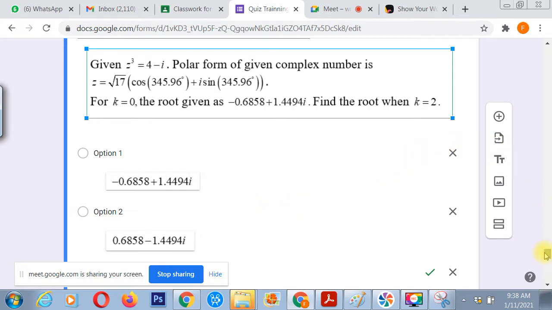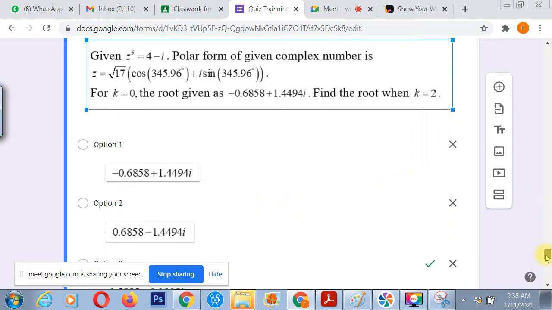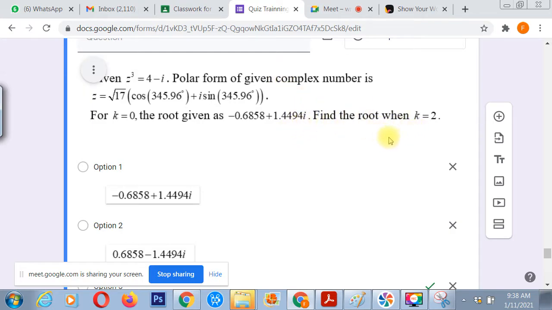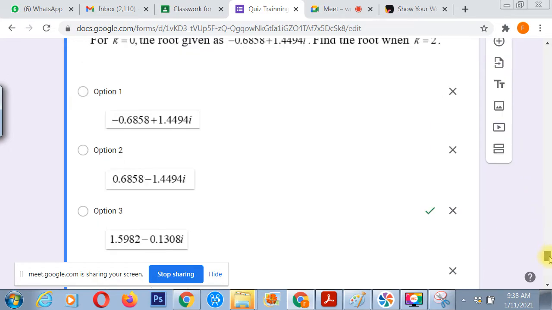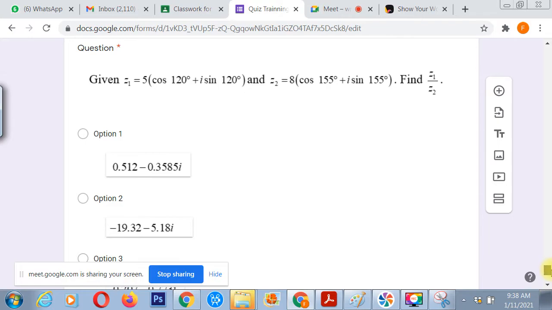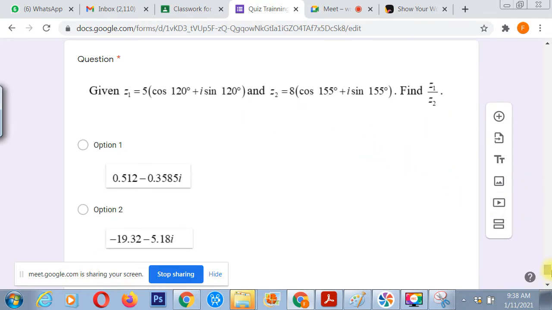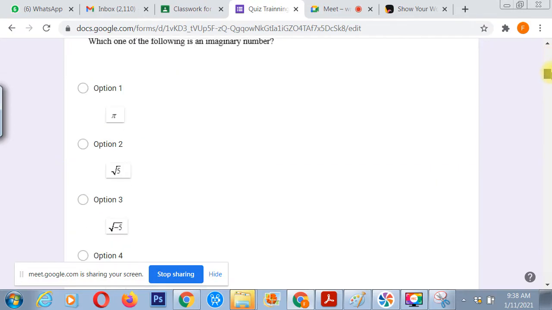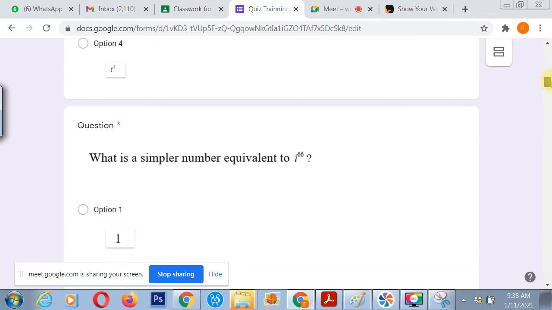This wants to help you, because maybe the question is too long, but they just ask to find k equals 2. For the rest, I don't think there is any more. No more question, I think it's clear.